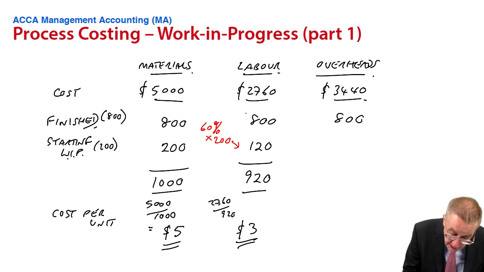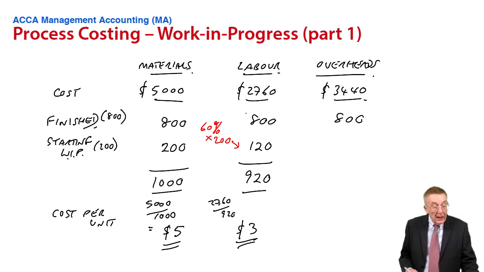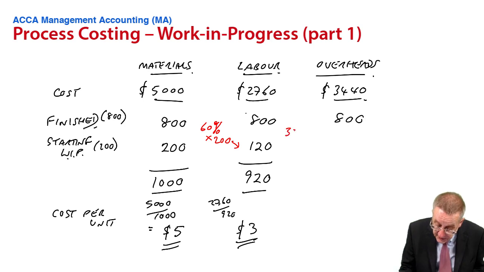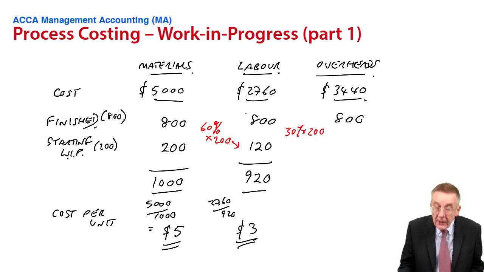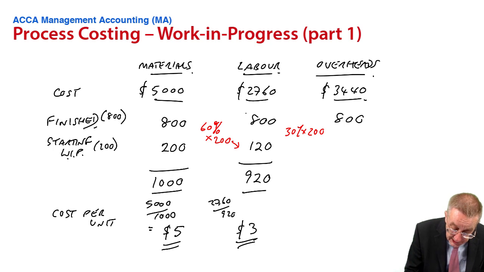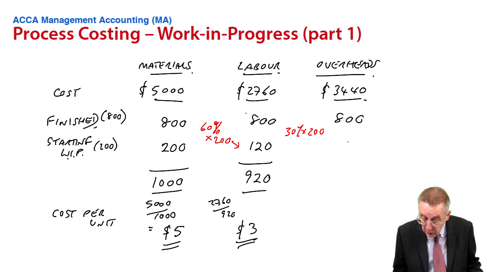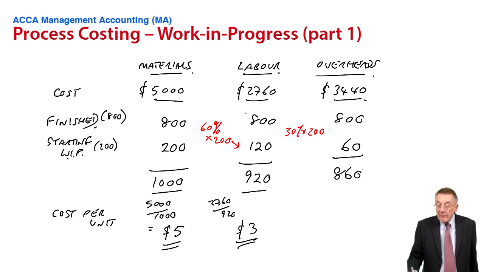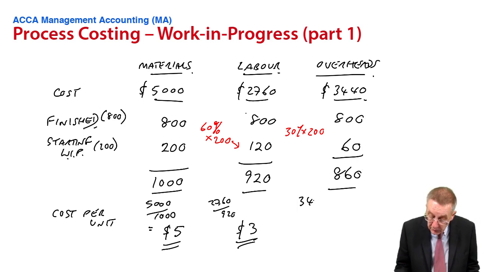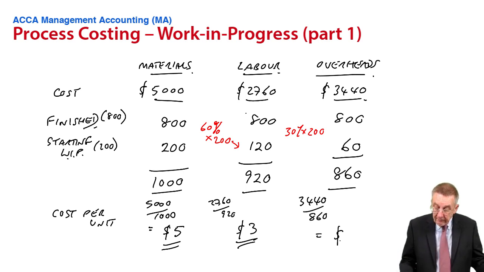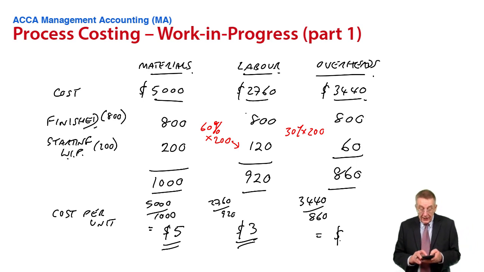But as far as the work in progress is concerned, since they were only 30% finished, we've only done 30% of the work. 30% work on 200, we say, is effectively the same as if we'd done the full work on 60. And therefore the cost per unit with regard to overheads, 3,440, effectively doing 860 units, comes to how much a unit?